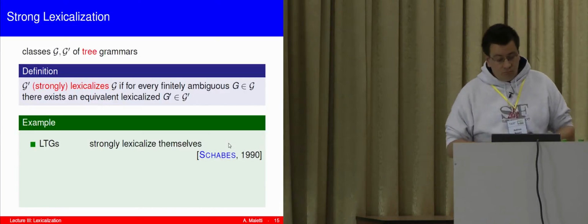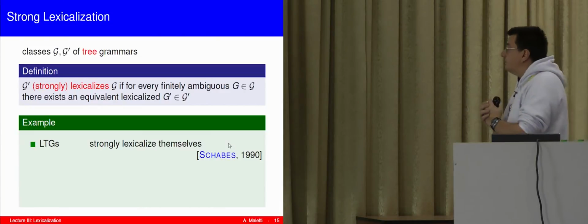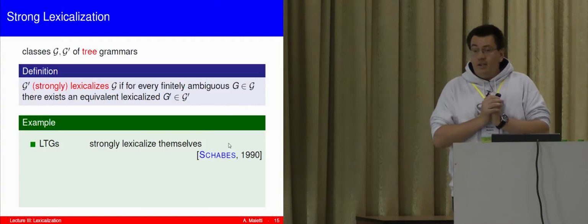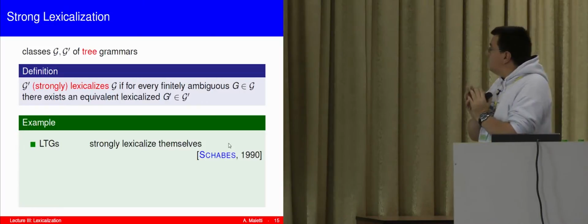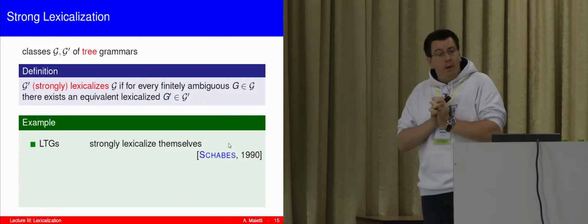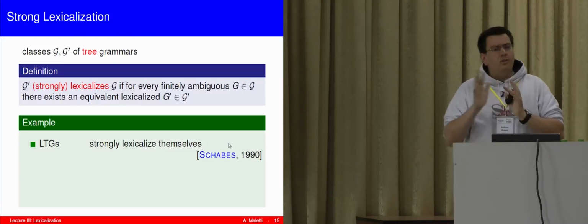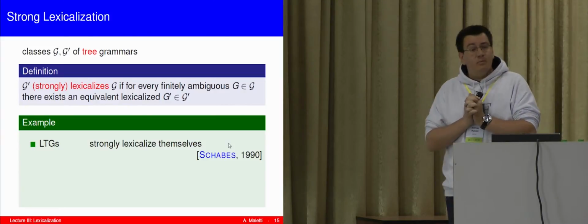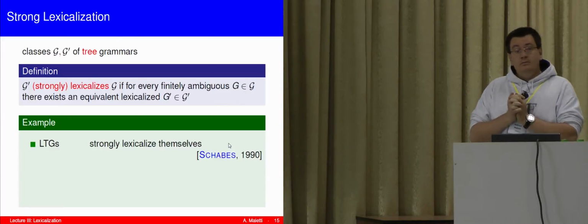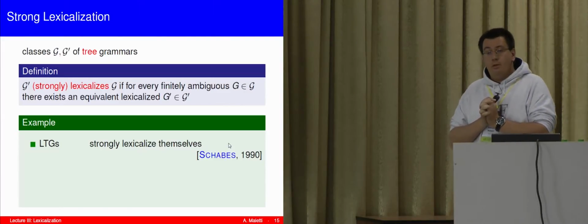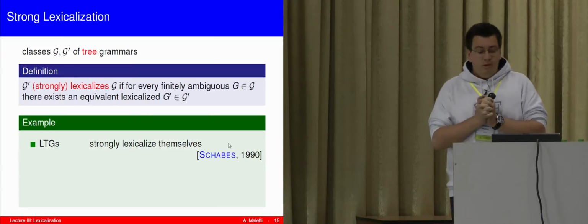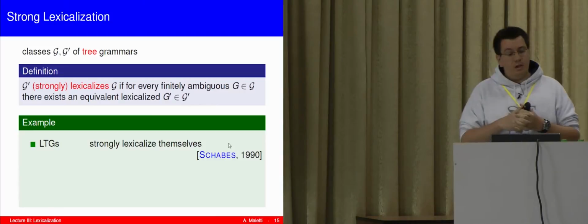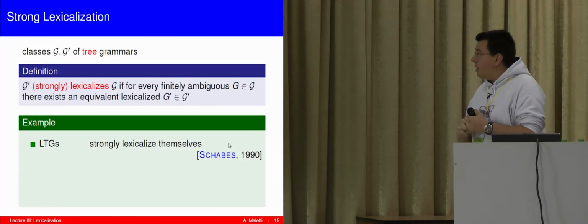Okay. Now here's the first question. As usual, there's some audience participation part. So here it is. Local tree grammars. Remember, these were just context-free grammars working in tree mode, so to say. Can they strongly lexicalize themselves? So remember, context-free grammars were able to weakly lexicalize themselves, and the main method there was the Greibach normal form.